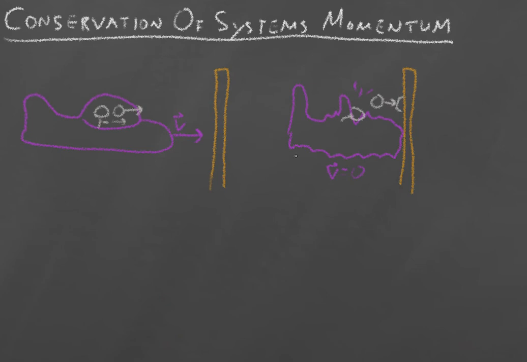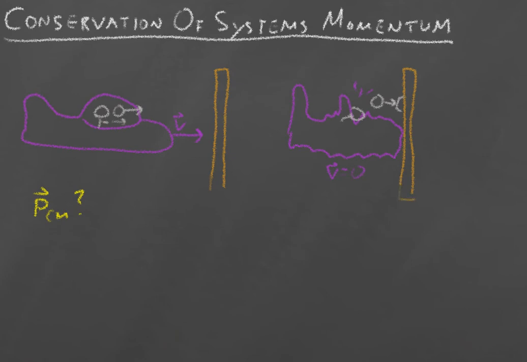So now we've all stopped. Well, what does this say for the system's momentum? We said that if we look at the entire system, its total momentum doesn't change. So even after interactions, the overall momentum should be the same. So what's going on here?